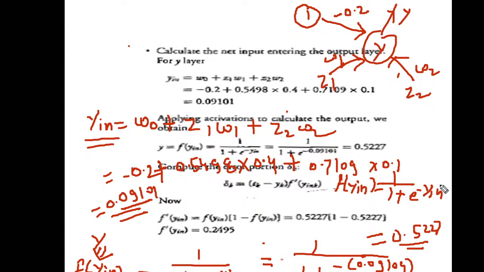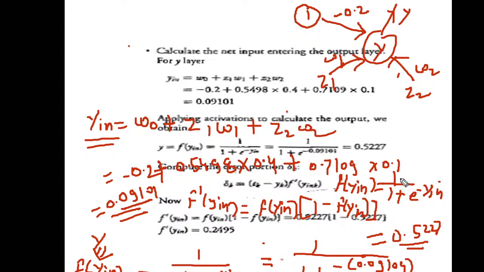So the derivative, f dash of y in, is equal to f of y in into 1 minus f of y in. So this is the formula for the derivative of this kind of function.